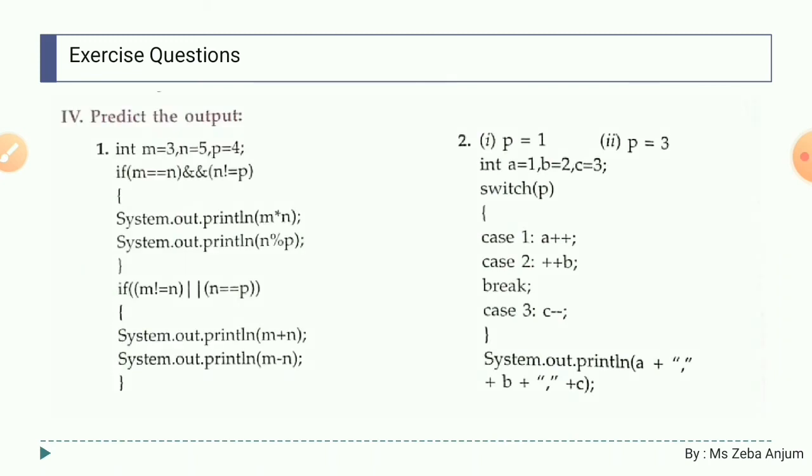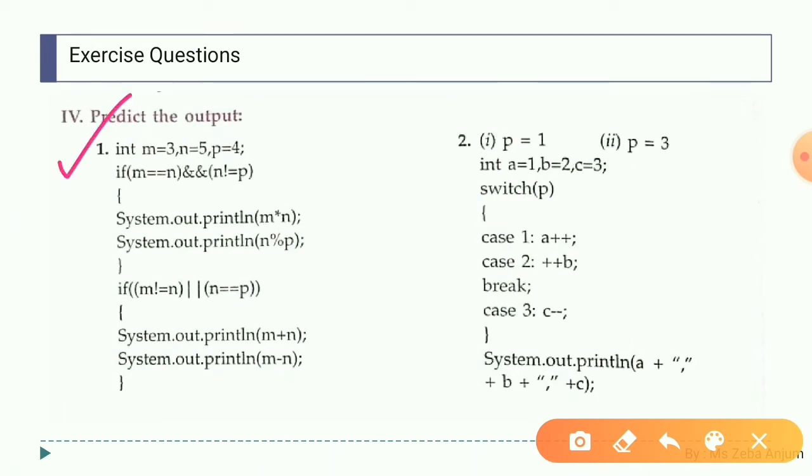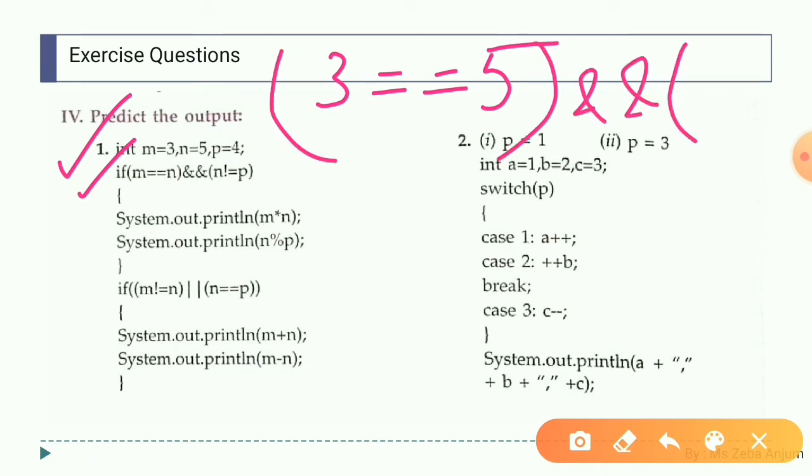Now see over here students, we have to predict our output. So see the first one. Firstly, the values you are having are m equals 3, n equals 5, p equals 4. Firstly we have to check our if condition. m equals n, it means 3 equals 5, and n, that is 5, not equal to p, that is 4.